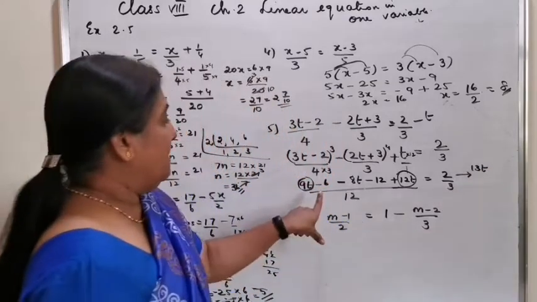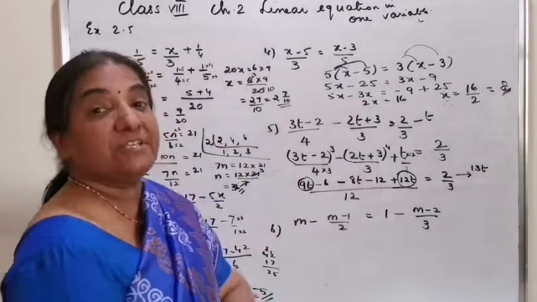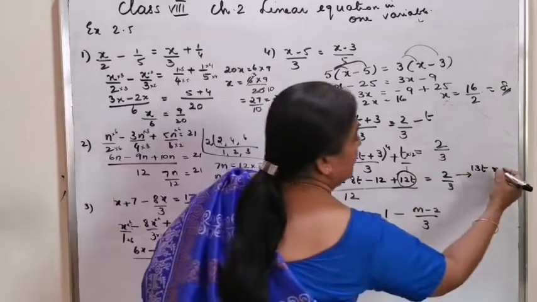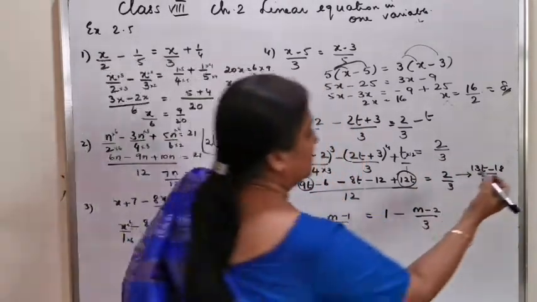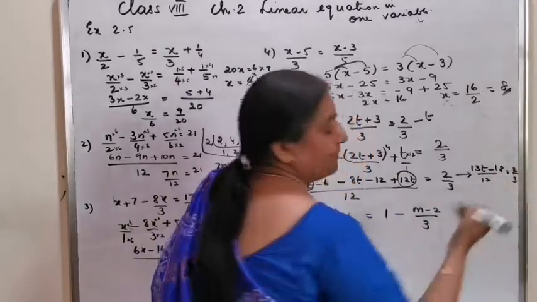13t minus 6 minus 12 is minus 18 by 12, which is equal to 2 by 3.